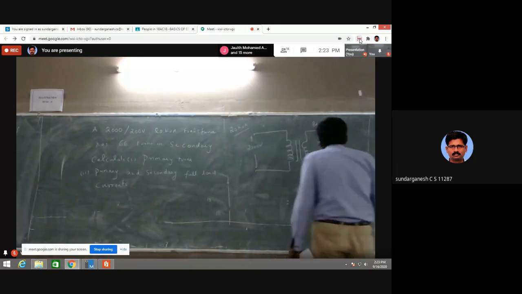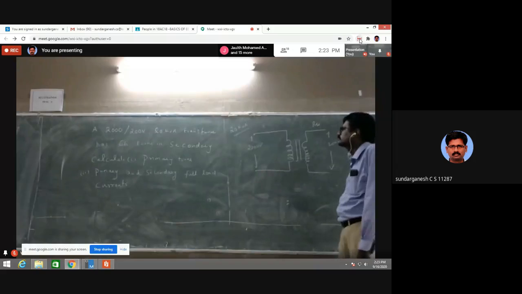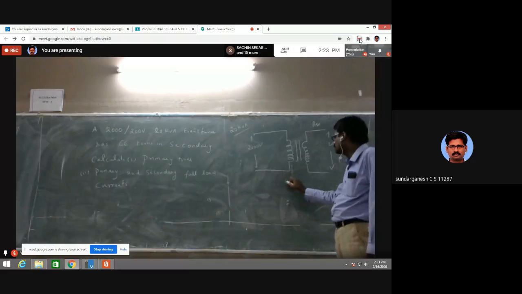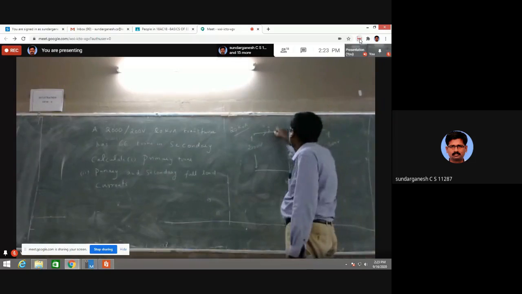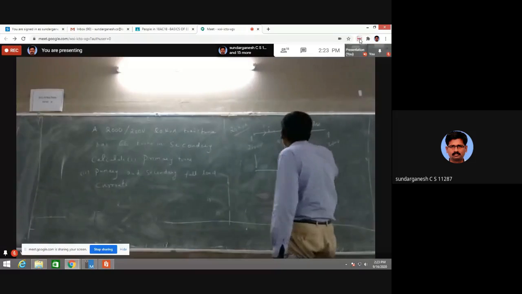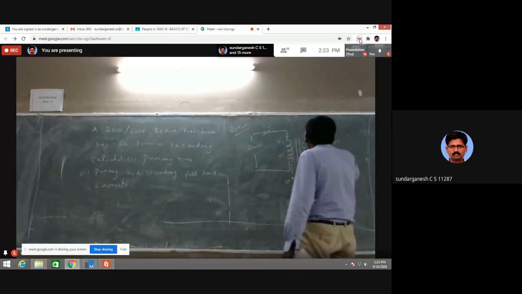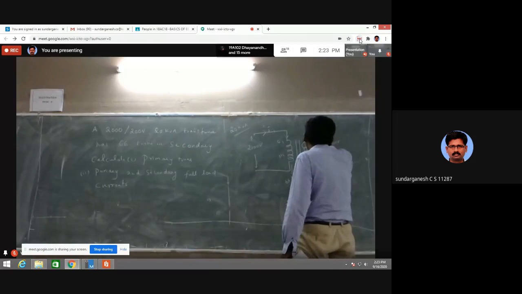The power factor is not important in a transformer. Here they have given 66 turns. This is I1, the voltage we call E1, this is N1, N2, I2, and the voltage generated is E2.